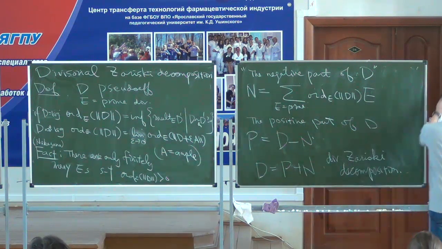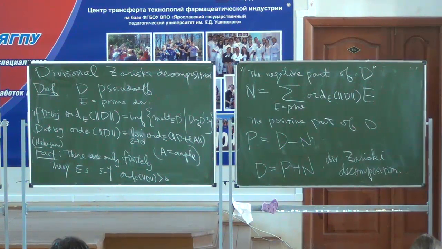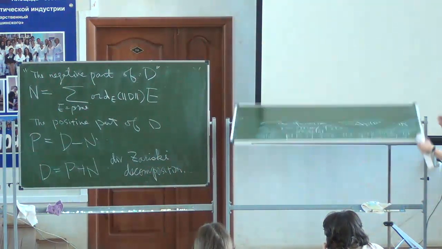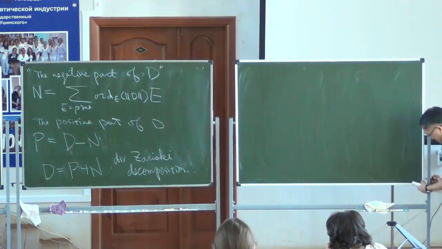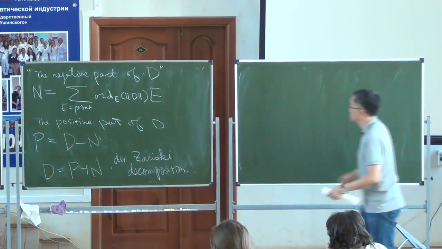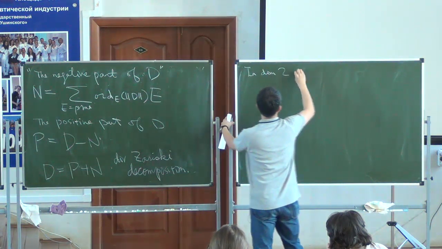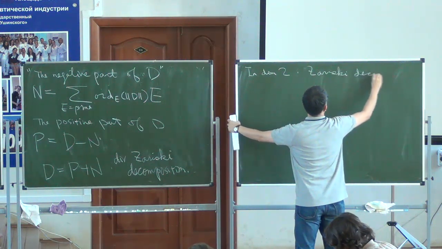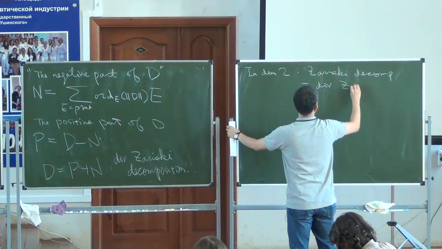So in dimension 2, the Zariski decomposition is the same thing as the divisorial Zariski decomposition.